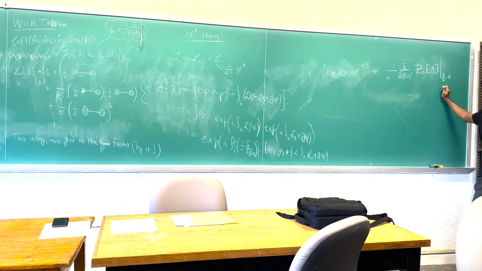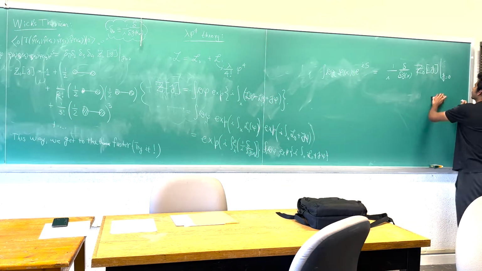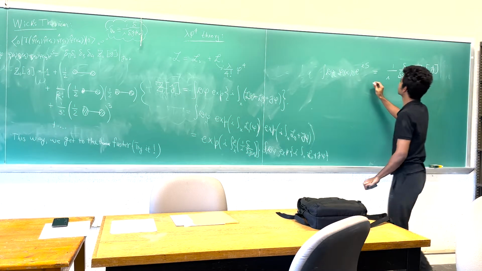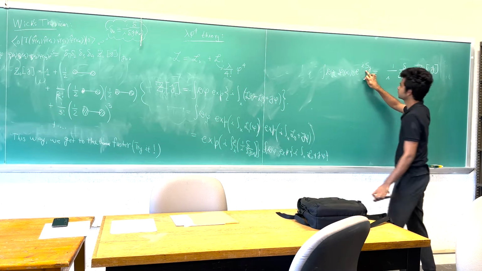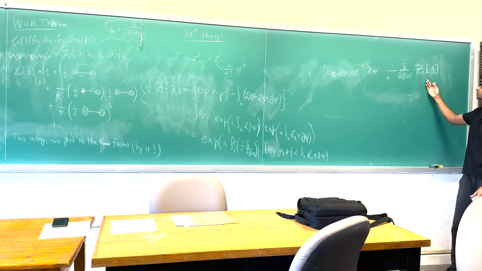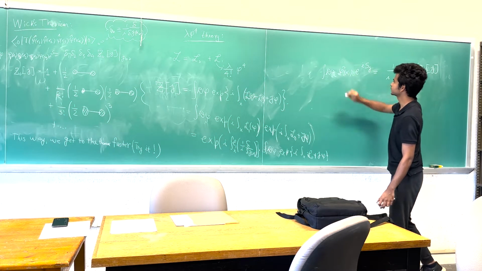Even without this, if this is with the interaction with J, this is true, right? Is that alright? Now, how do I compute this?